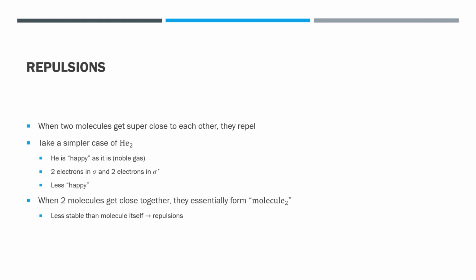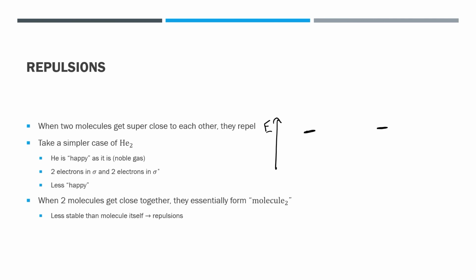And I just want to take a really simple case of, for example, helium-2, right? Helium is a noble gas, so it's very happy and stable. It likes just being helium, right? But say we smush these heliums together so much that they almost form a bond, right? Their electron clouds are overlapping. What does that look like in terms of a molecular orbital diagram?